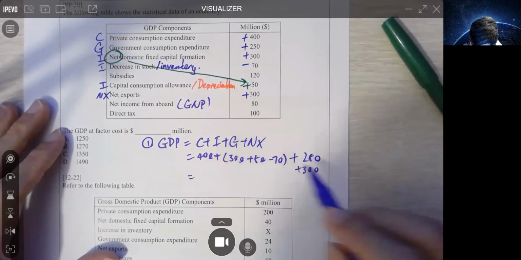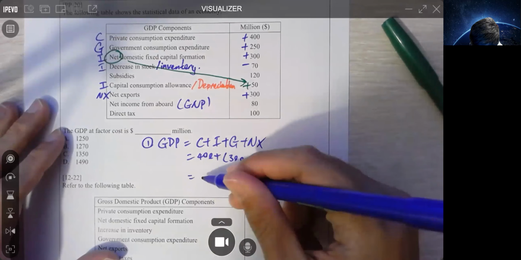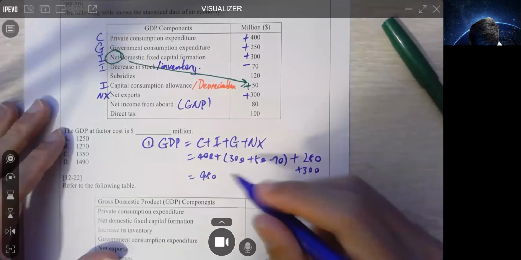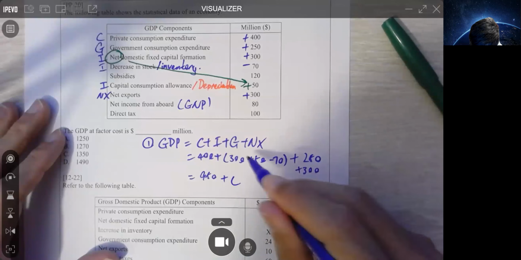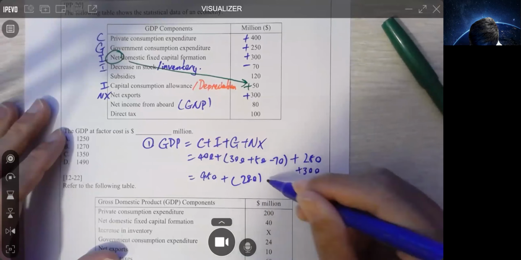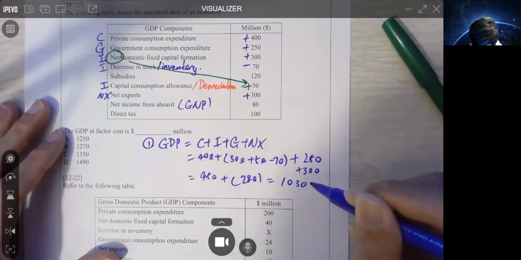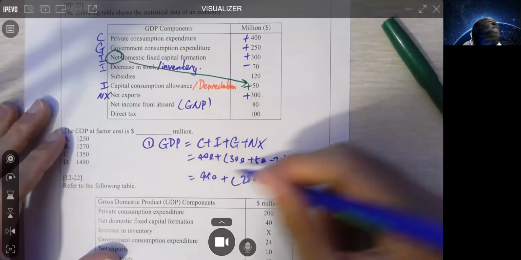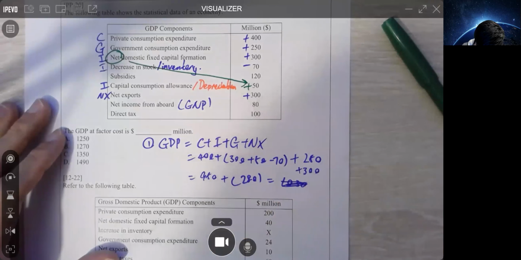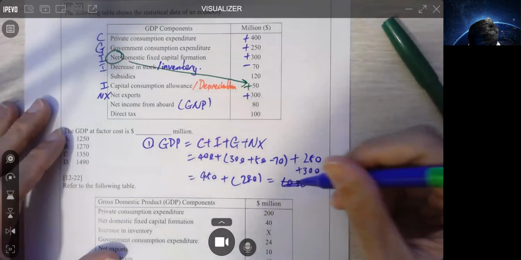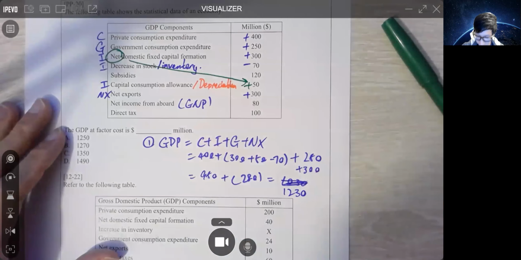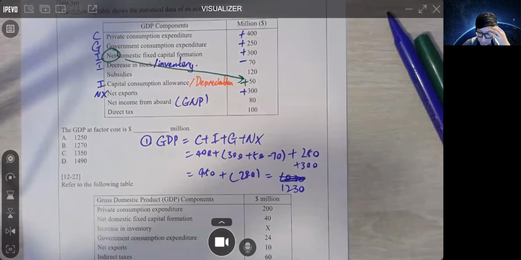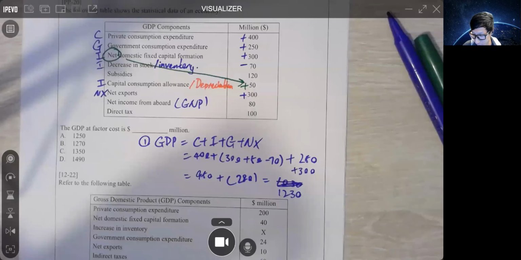That should give us the answer. I get 950 plus here should be 280. 1030, did I calculate wrong? No, that's wrong. 1230, right? 1230. But remember this is market price.